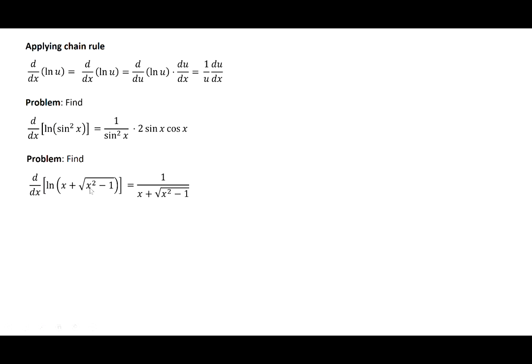What's the derivative? 2x. So I put all of these things together and I said the derivative of x is 1 plus the derivative of square root of u1 is 1 over 2 times square root of u1 times the derivative of u1, which is just 2x.